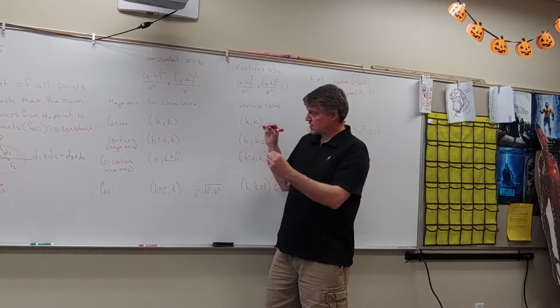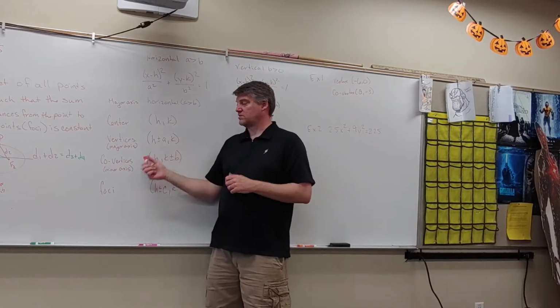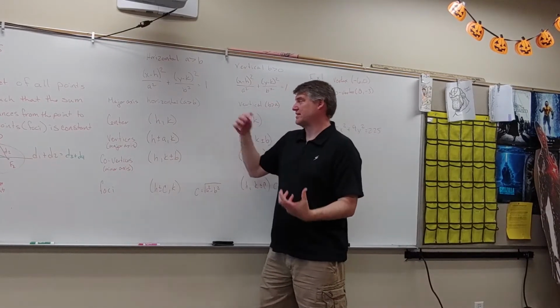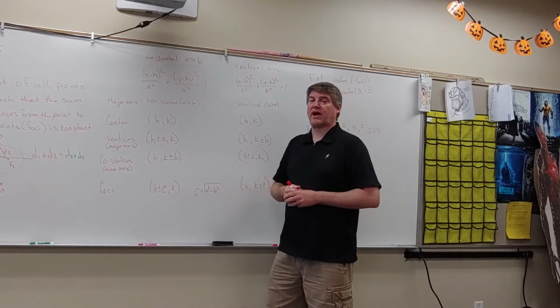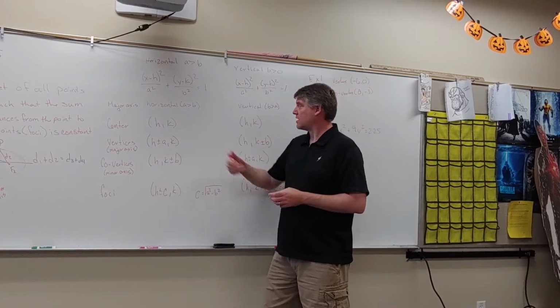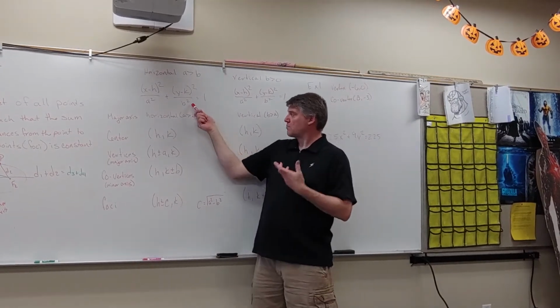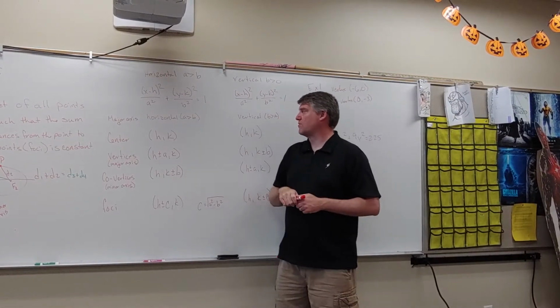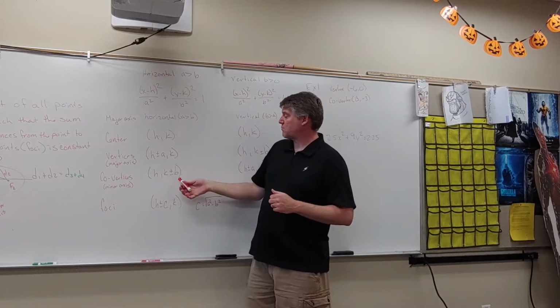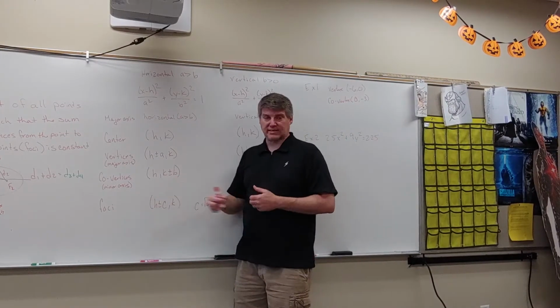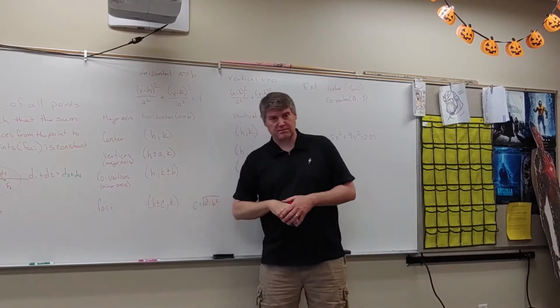That's going to be my vertices. For my co-vertices, I take the smaller and add and subtract it to its corresponding coordinate. Here b squared is smaller, so I take the square root of b squared, I get b, and I add and subtract that to k. There's my co-vertices.